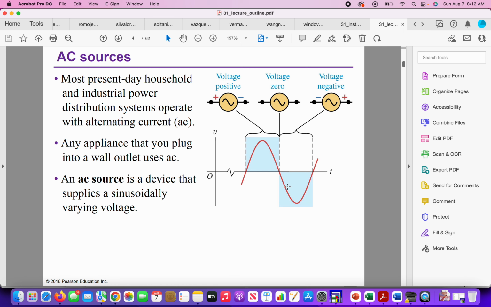Whereas here, there is always a turning point, a 0 point, where the voltage is 0, and then finally the voltage is going to reverse, negative here, positive here, and this is really the half cycle. Then an AC source, which you are going to see as this symbol always now in this chapter, is a device that supplies a sinusoidal varying voltage, meaning it will vary as sine or cosine.